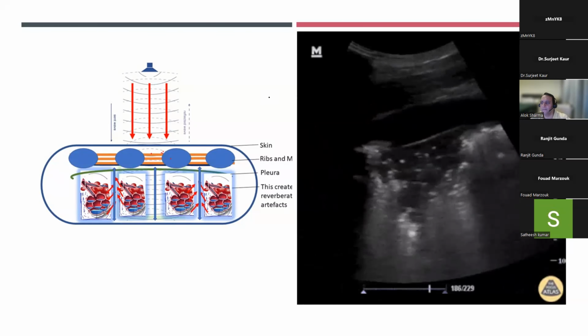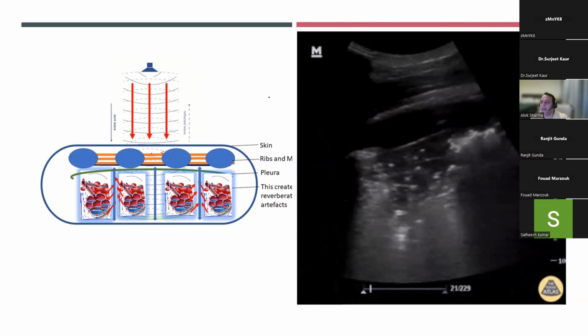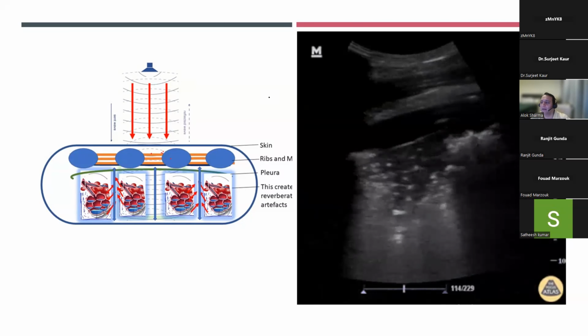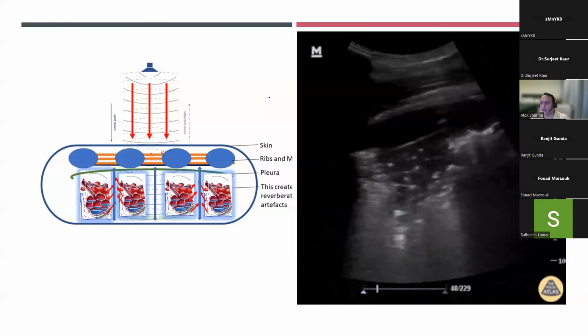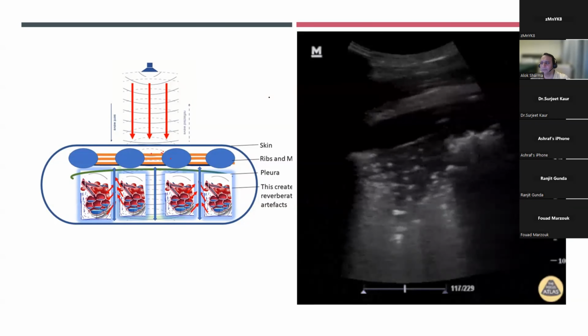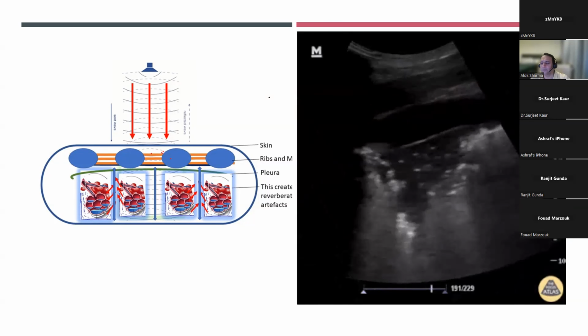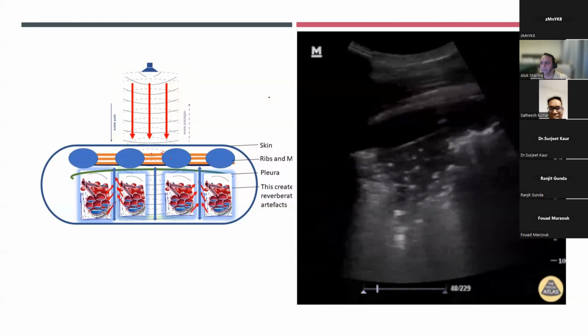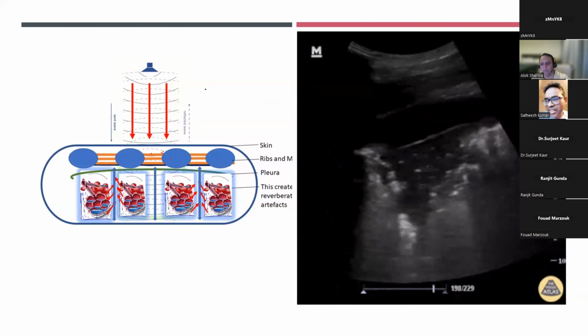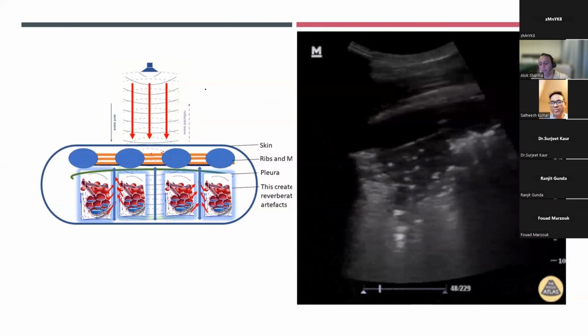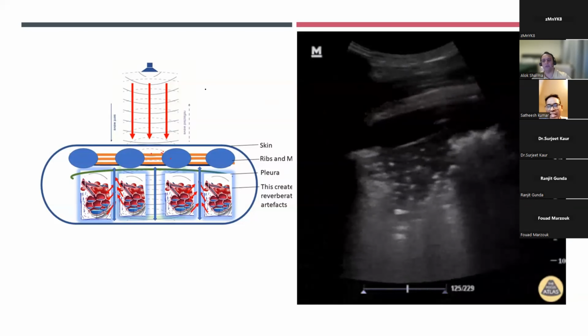What is the difference between B lines and comets? Satish, do you want to ask your question again? Because I don't quite get it. You are mentioning the comets which confuse with the B lines. We're not talking about comets today. Forget about it.